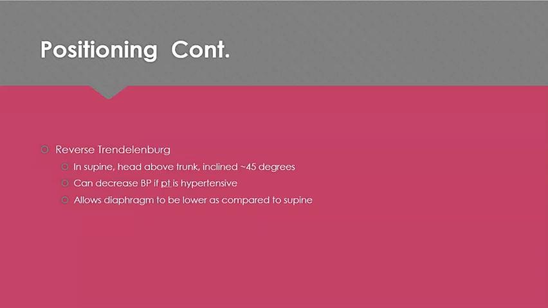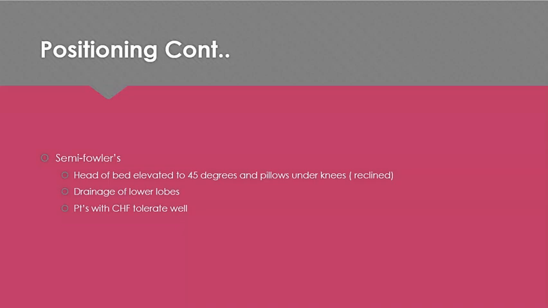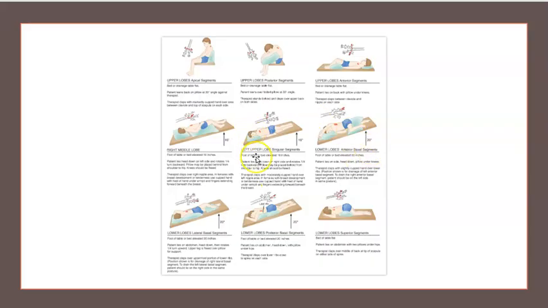Reverse Trendelenburg is supine when the head is above the trunk, inclined 45 degrees, can decrease blood pressure if patient is hypertensive, allows diaphragm to be lower as compared to supine. Semi-Fowler's is head of bed elevated to 45 degrees, pillows under knees, drainage of lower lobes. So make sure you know each one of these in the chart here, too, in the different positions, and they describe what lobes are being utilized. And look in your skill check off.